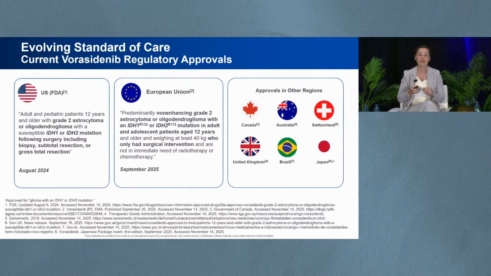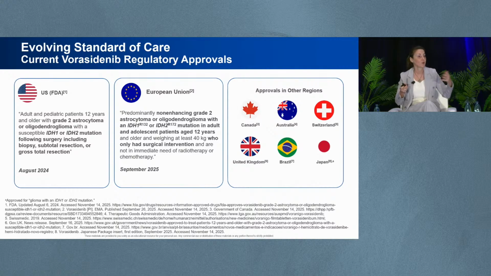And of course, recently, we have a new regulatory approval in this space. This is the potent IDH1/2 brain penetrant inhibitor vorasidenib. A number of regulatory approvals, starting with the United States in August 2024, and now obviously European Union, Canada, Australia, Switzerland, United Kingdom, Brazil, Japan.